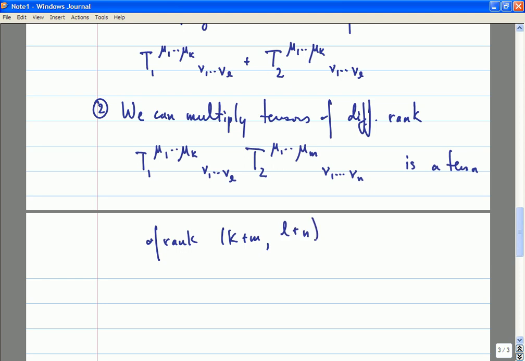That's just because it's an object with K plus M upper indices and L plus N lower indices.